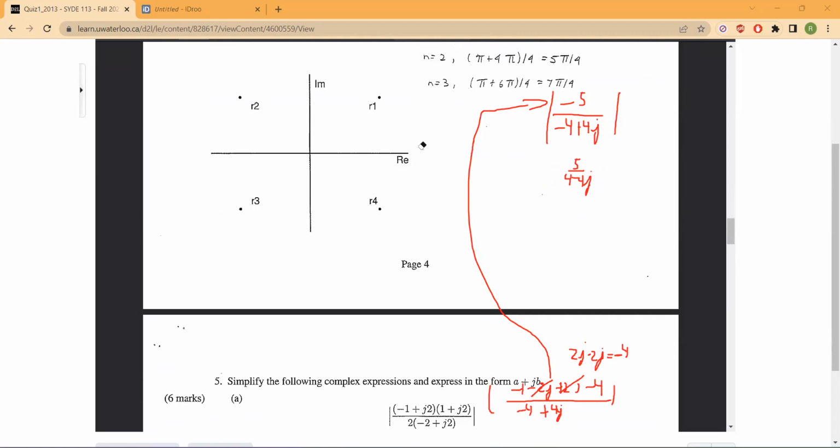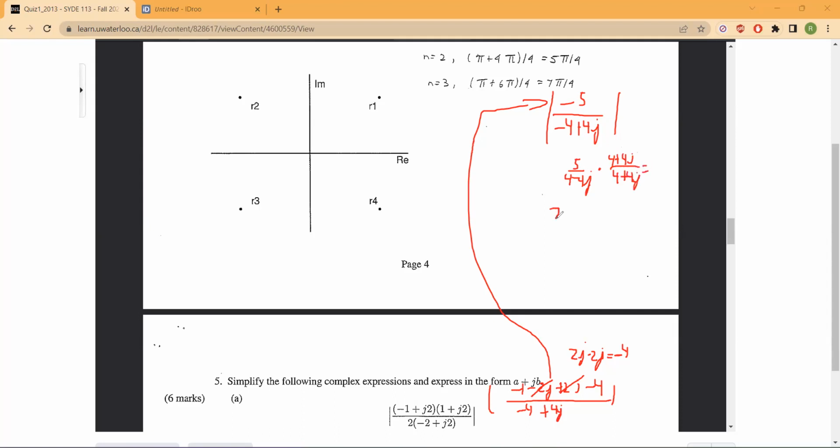We had negative 5, and we can keep it like this, because we will take the absolute value. So now we just have 5 over 4 minus 4j. When we take the conjugate, it's going to be 4 plus 4j over 4 plus 4j.